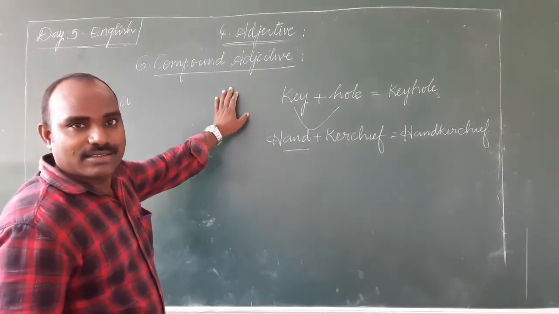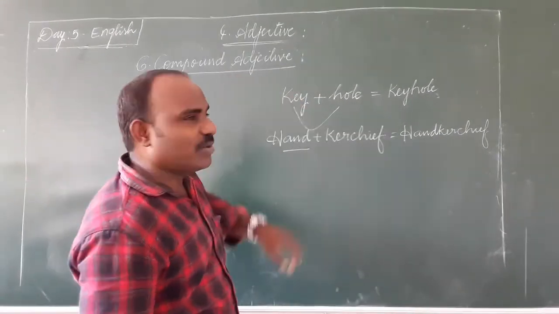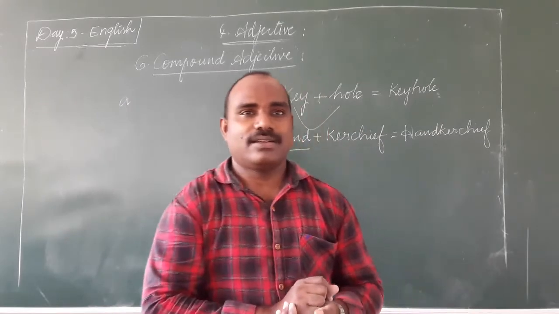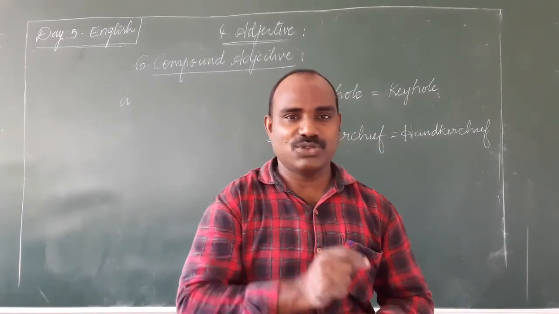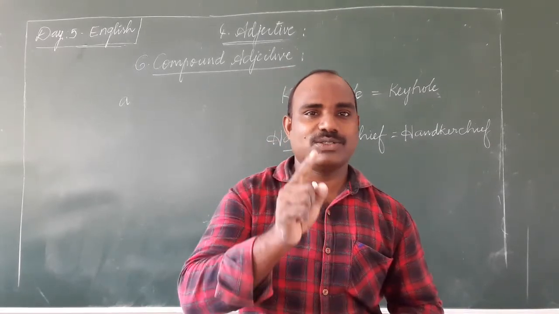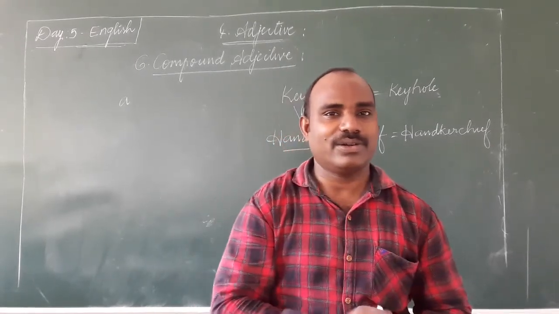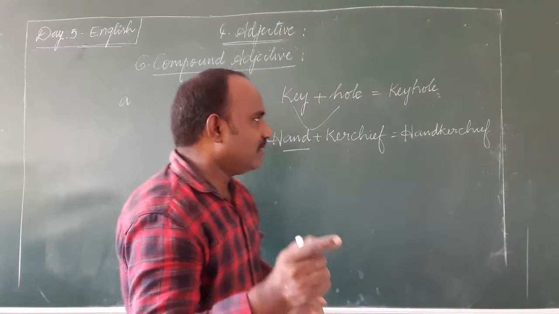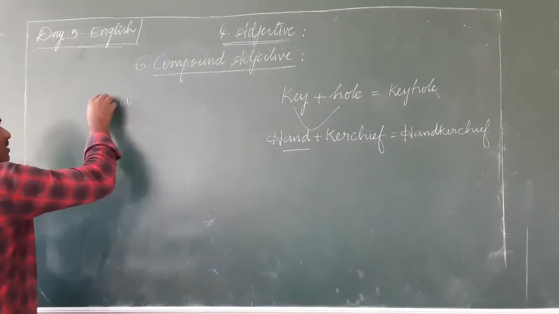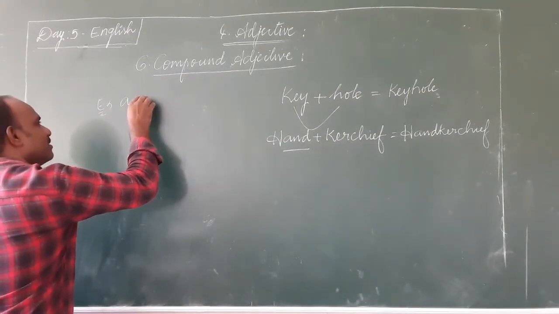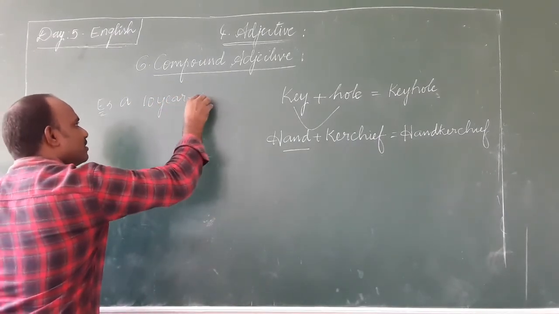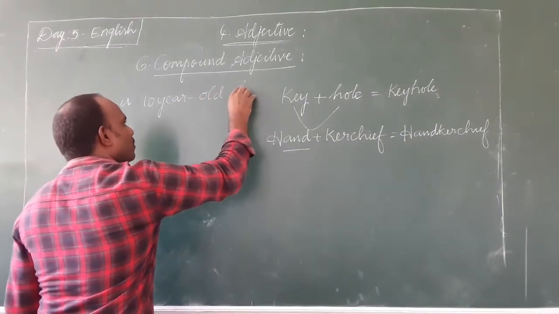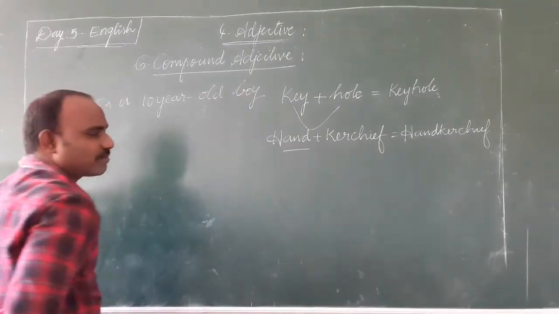Is it necessary? Just write the definition. Compound adjective means the combination of more than one word combined together and working as one adjective. That is called a compound adjective. You see, examples. A 10-year-old boy.